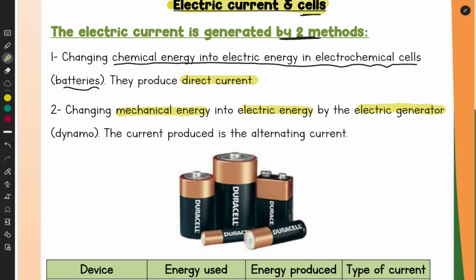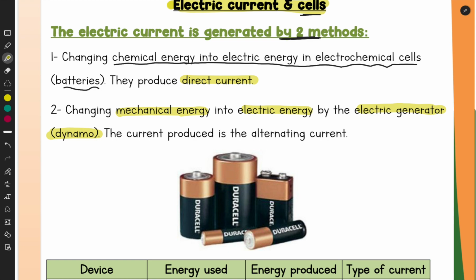The generator, some houses have a generator, the hospitals have generators, so if the electric current is off, they can use the generator to generate electricity. This generator is also called a dynamo. Of course, you heard about it in your cars. Any car has a dynamo that generates electricity from the mechanical energy of the car.